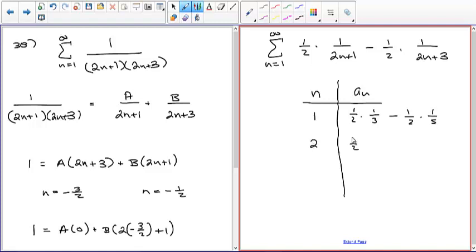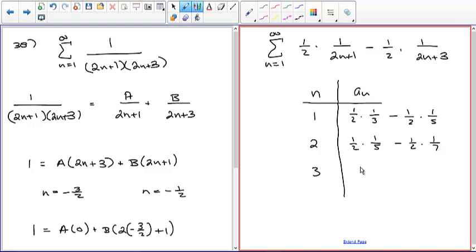The second term is going to be 1/2 times, plug in 2, you get 2 times 2 is 4, plus 1 is 5, and then the next one, 2 times 2 is 4, plus 3 is 7. So you get 1/7.